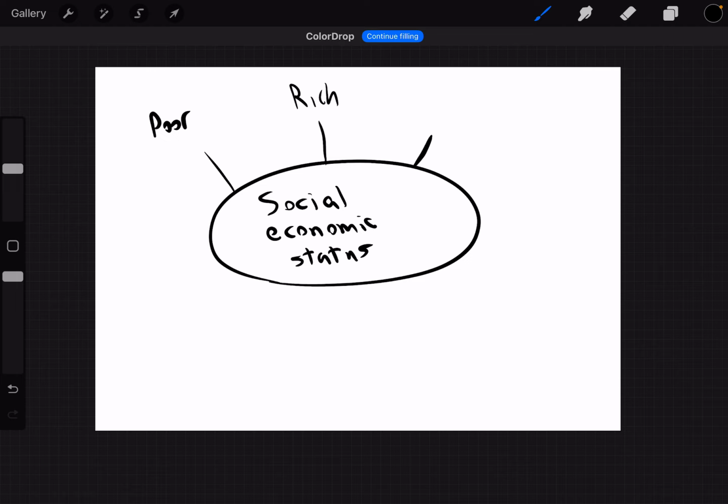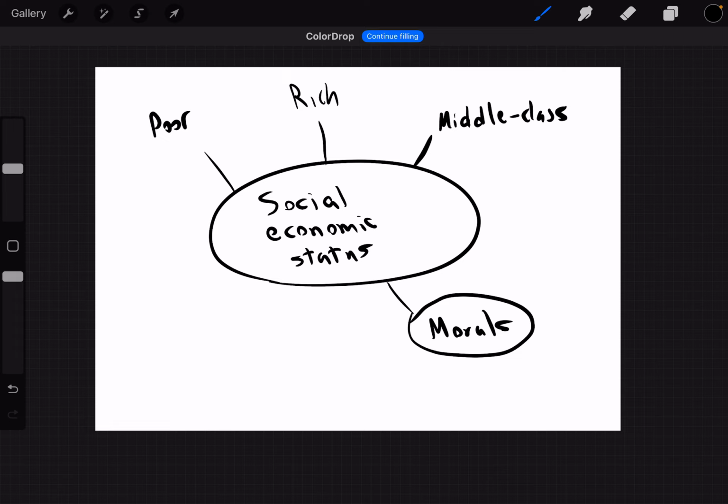You can think about middle class. So you're just writing down ideas on things you might want to do, and even topics that could relate to that. So one of the things I thought was really interesting was morals. But you can probably look at your mind map to give you some ideas of things. I'm going to go with morals for mine.